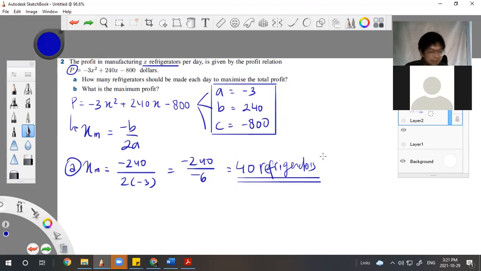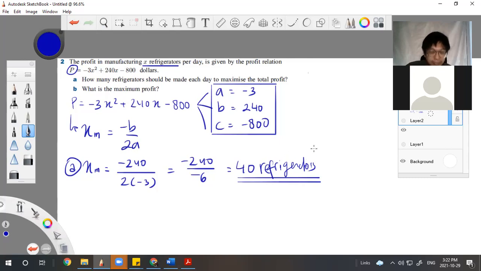So it is not effective anymore if you try to produce more than the maximum amount of the product to maximize total profit. So again, the amount of refrigerators cannot be directly proportional to the amount of total profit. Pay attention on that case.